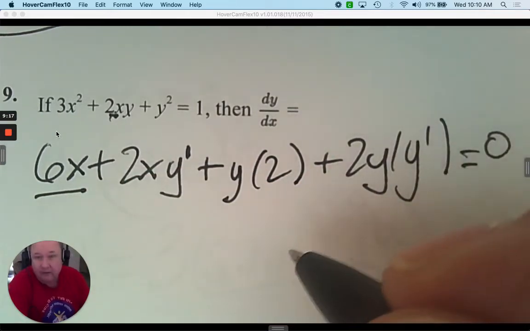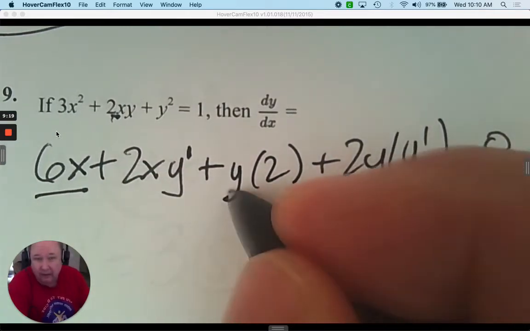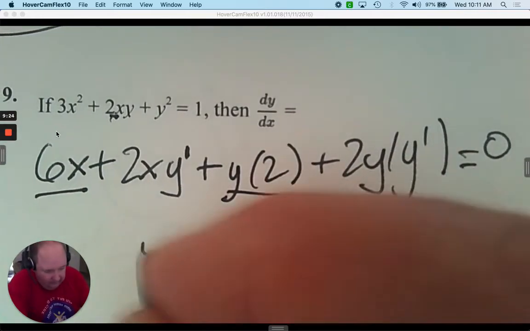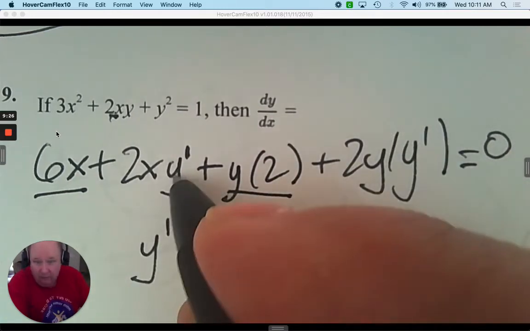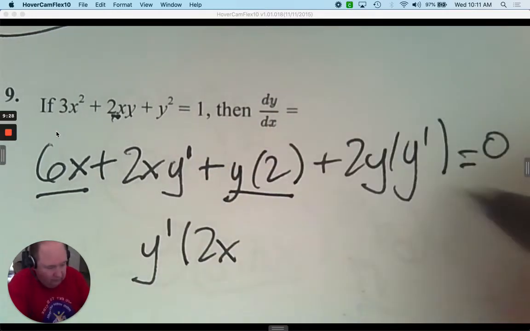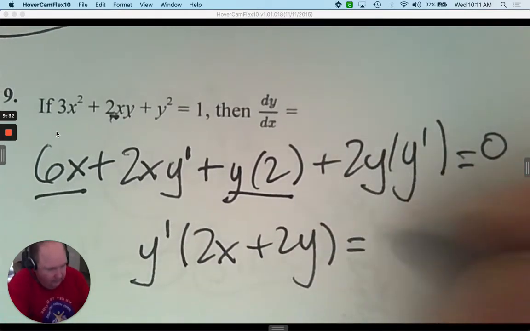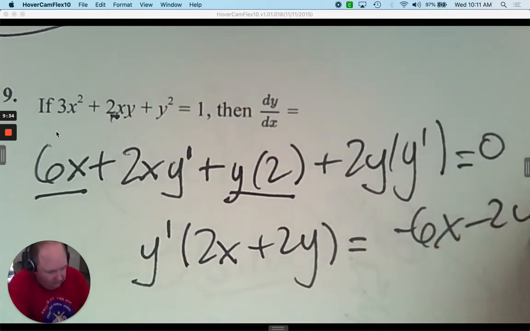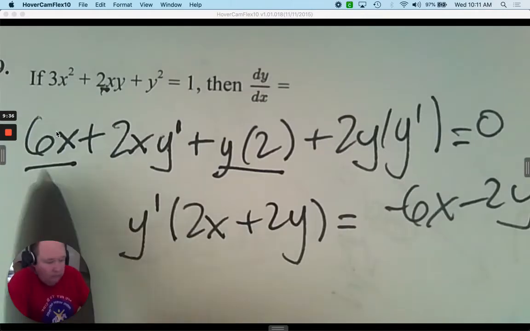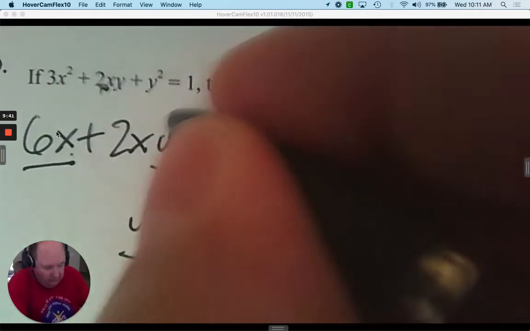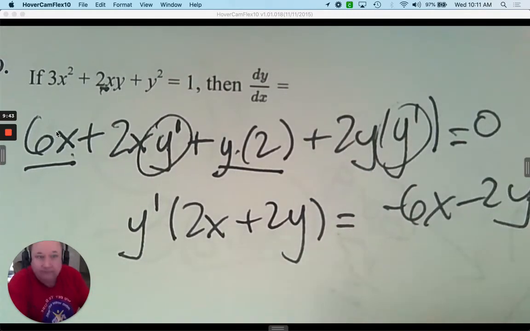So next, if it doesn't have a y prime, so that would be 6x and 2y. If it doesn't have a y prime, it goes to the other side. And I'm also going to factor out a y prime, so I'm going to factor it out of the 2x and out of 2y. And again, I subtracted 6x. So subtract 6x, subtract 2y, factor out a y prime from each term, and then divide.